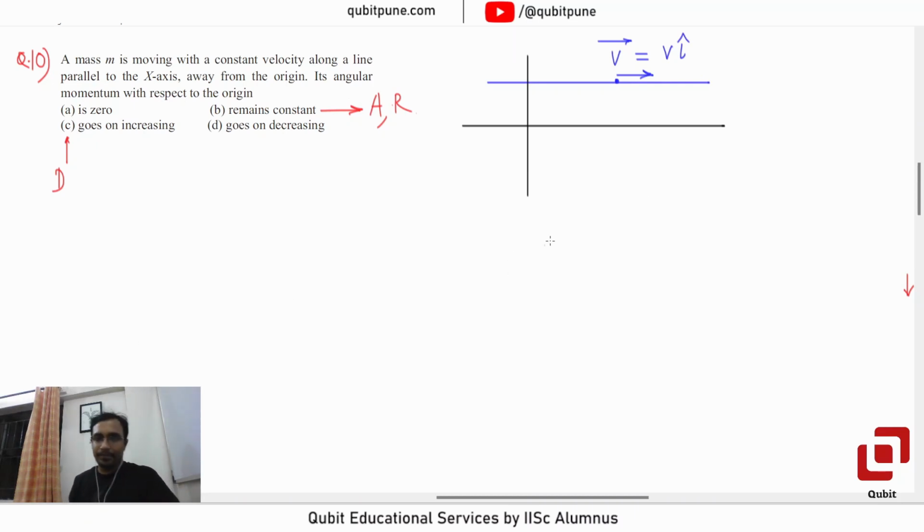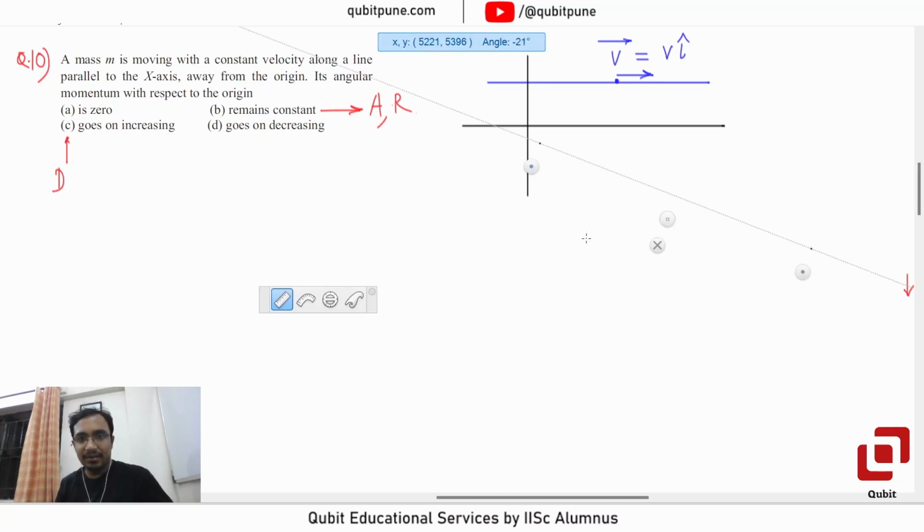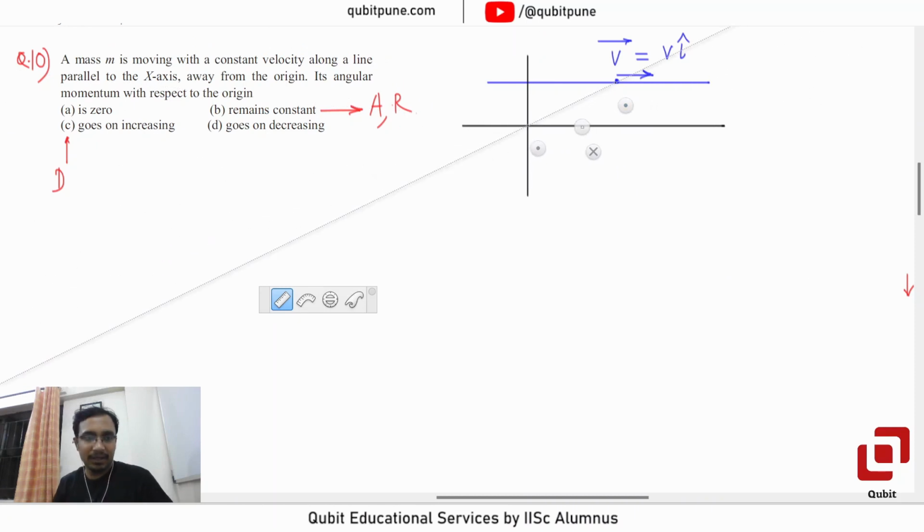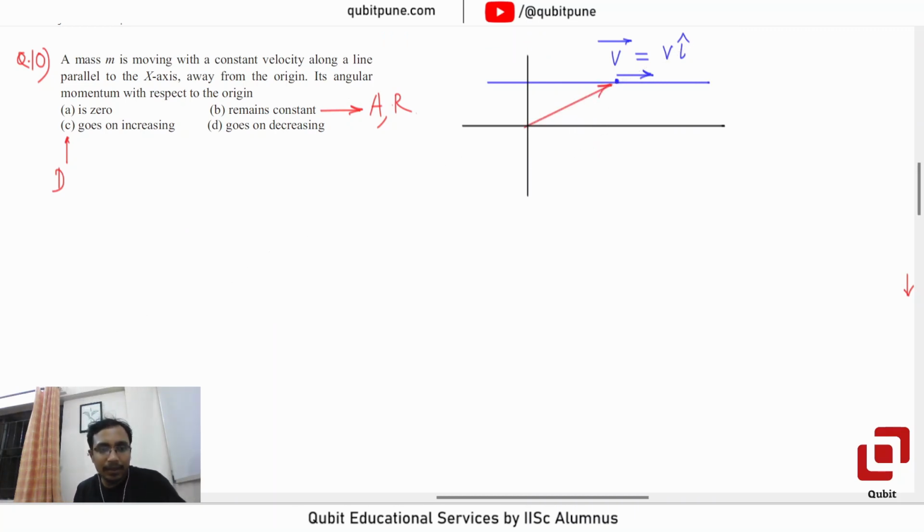Now pay attention. Let's say its position at any given instant is given by r bar. That r bar is x i cap plus y j cap, but because this line is parallel to the x-axis, its equation has to be y equal to constant.